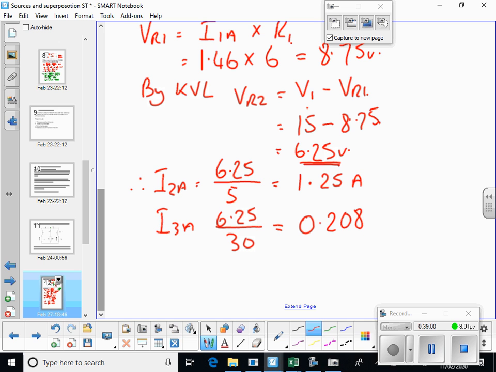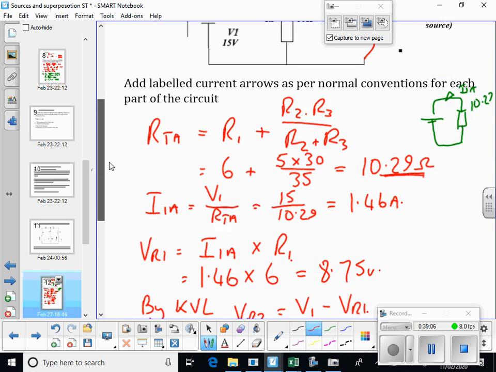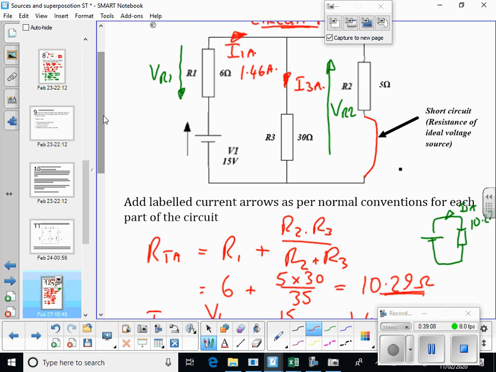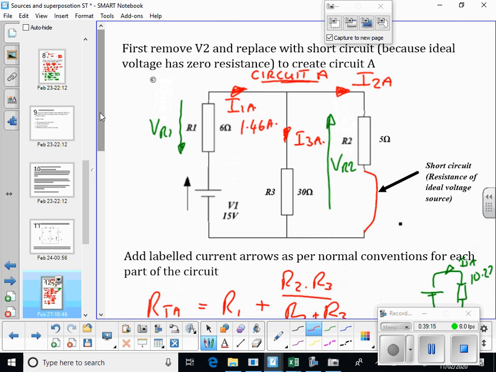Add them two together, what do you get? 1.458. How does that compare with 1.46? Yeah. We'll write these currents on this diagram now.